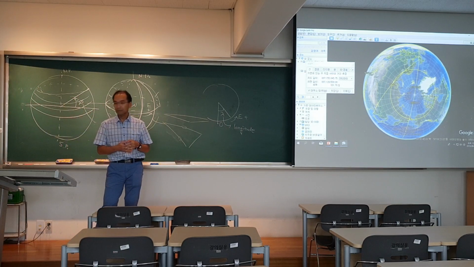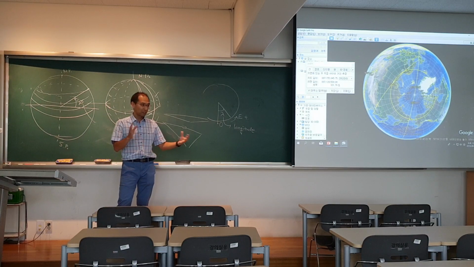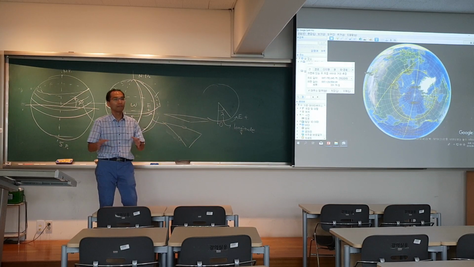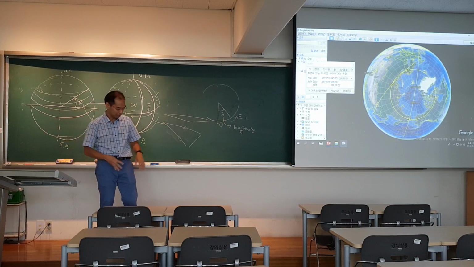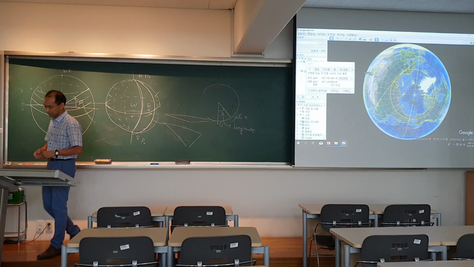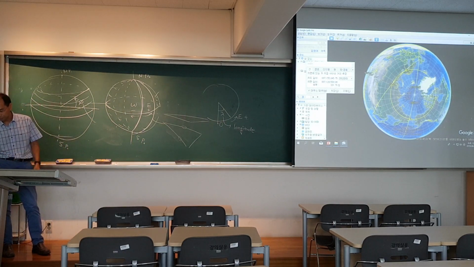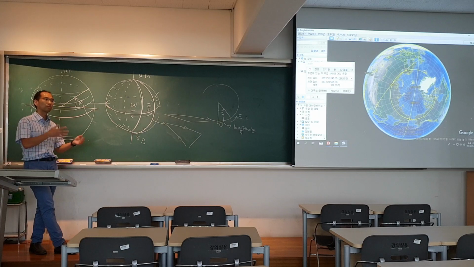So in the old days, during the Cold War era, when Russia and Eastern Europe were communist countries, and Western Europe, South Korea, and the U.S. were democratic countries, they were like preparing to have a war. Russia didn't allow this flight to go over their territory, so the flights used to be longer.